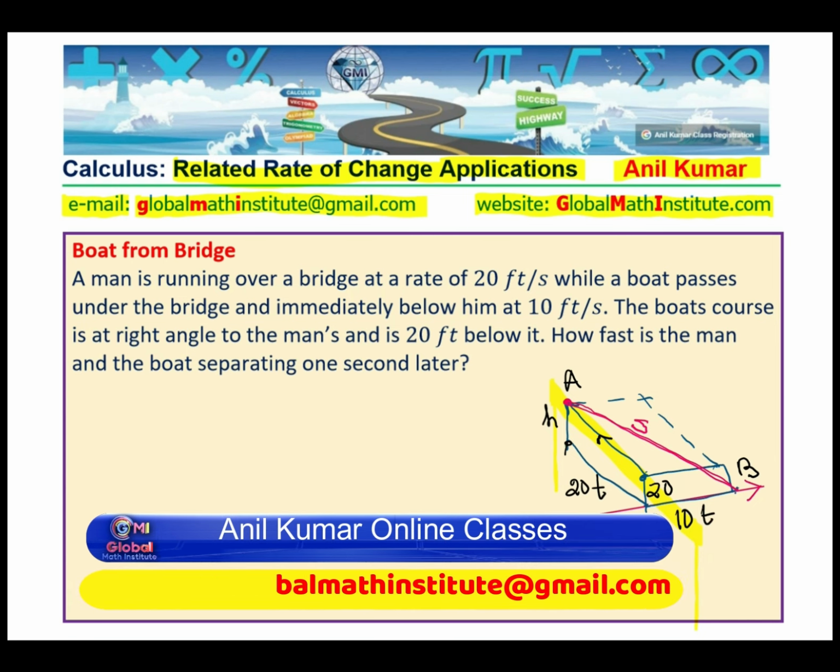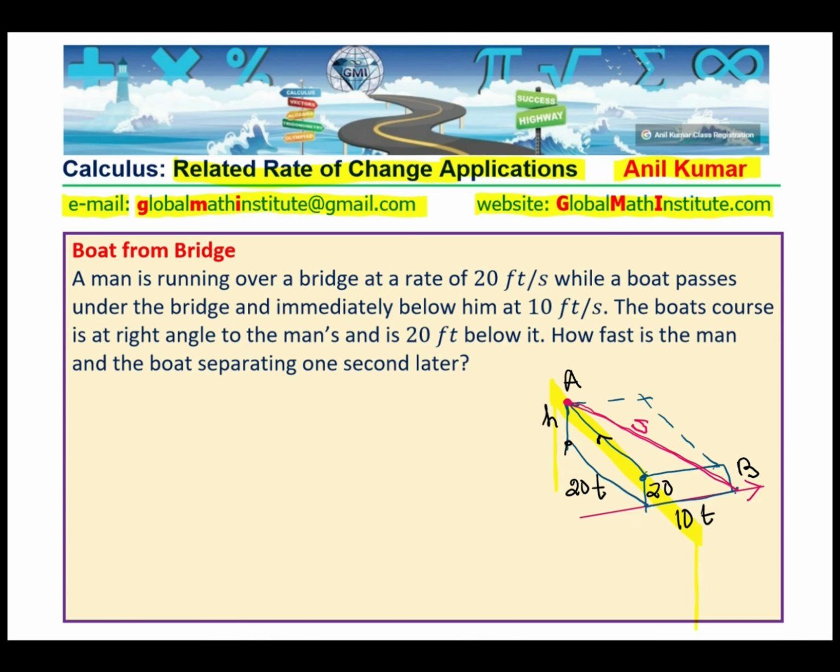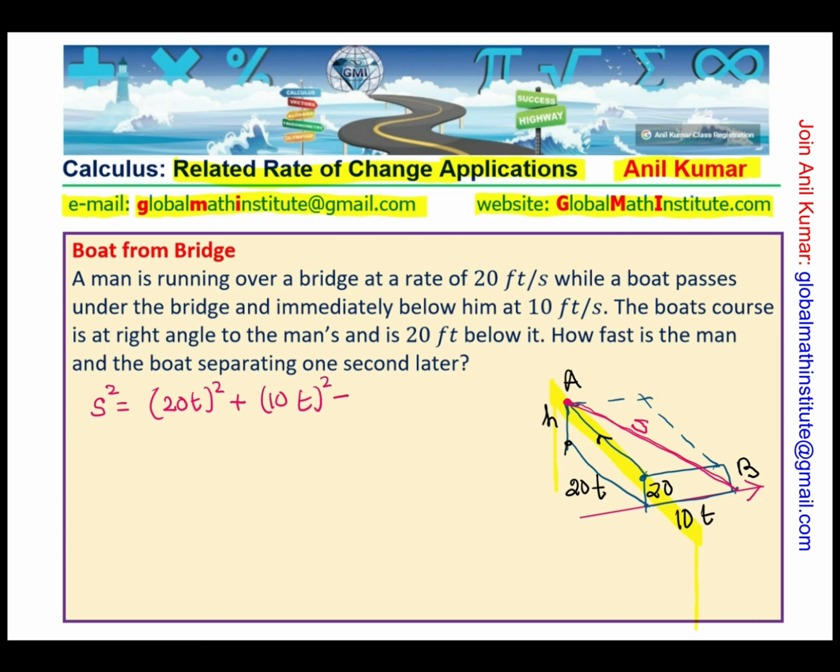Now these two form the two sides, the base of the rectangular prism, and from here we can find the relation s square equals 20t whole square plus 10t whole square plus 20 square.